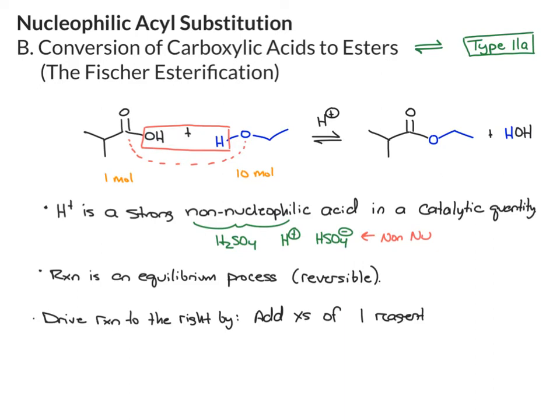And what that does is having an excess of one reagent puts a stress on the equilibrium, pushing it toward the right, and what you would essentially end up with is about 1 mole of product. So you have a large excess of one thing, and you're going to have to remove the 9 moles that are left over, but effectively you're able to convert an equivalent of starting material to an equivalent of product that way.